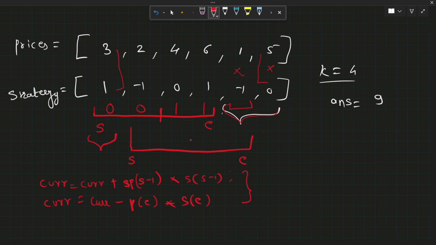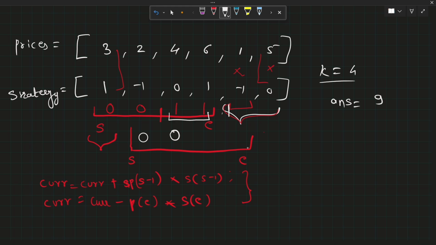But what about the values which are considered in the subarray? Let's try to figure out the observations there. Earlier the second element was 0, but now as this is the first element, it will still be 0. But now from this one, the first element will get 0 because this is shifted ahead, and for this second element we will add one element here.